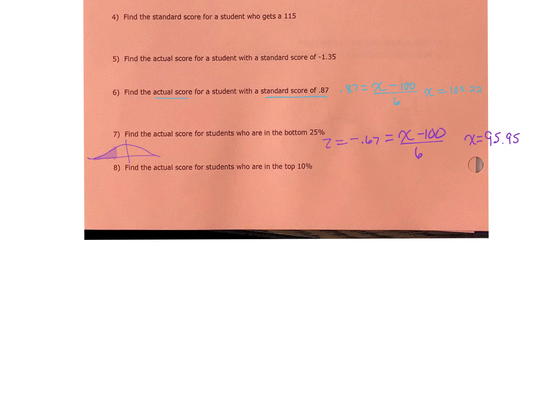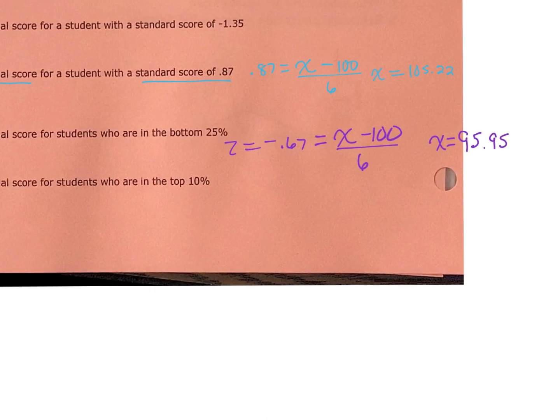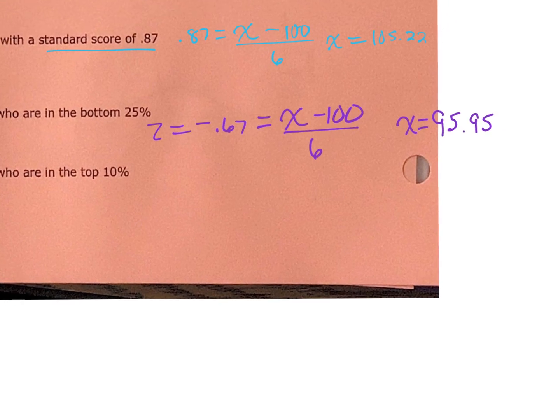How do you not get a negative if you're multiplying by negative? I'm sorry, say that again. How do you not get a negative if you're multiplying by negative? Well, okay, yeah, the z-score is negative, you're right. So we're multiplying by the 6, and then basically that's getting subtracted from 100, right? We're adding this to the other side.